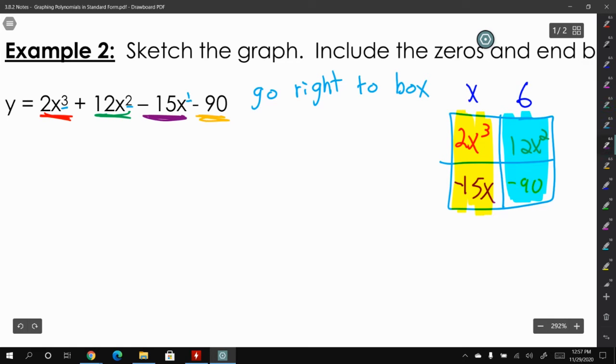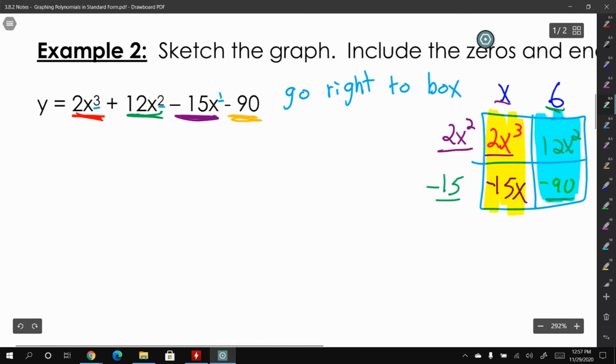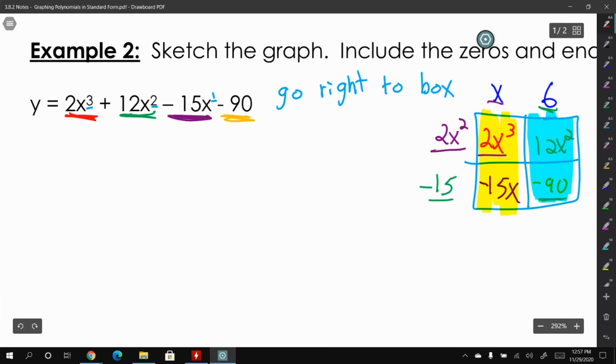And then we go to the left side of the box and say x times 2x squared is 2x to the third, and 6 times negative 15 is equal to negative 90. So my factored form of this is x plus 6 times 2x squared minus 15.